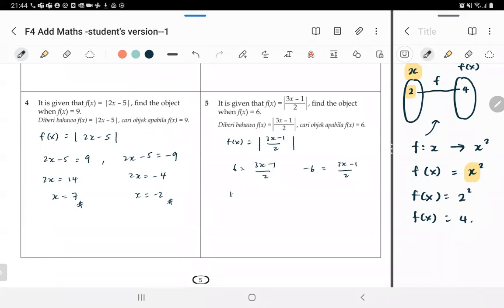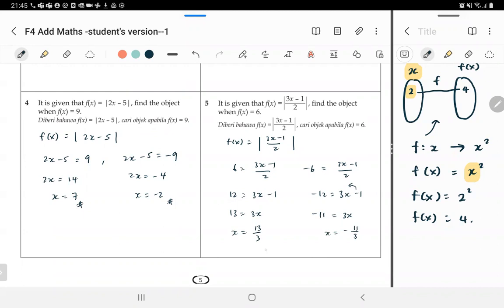So 12 equals 3x minus 1, and then 13 equals 3x, so x equals 13 over 3. Next one, negative 12 equals 3x minus 1, then moving it over, negative 11 equals 3x. So x equals negative 11 over 3.